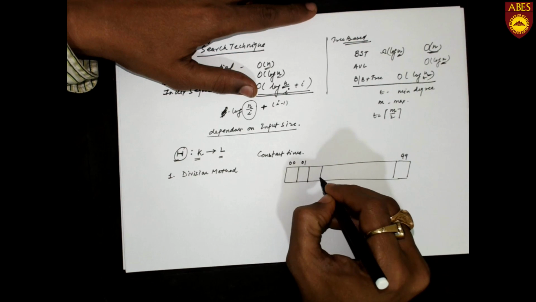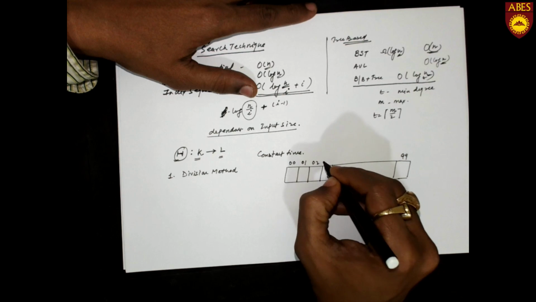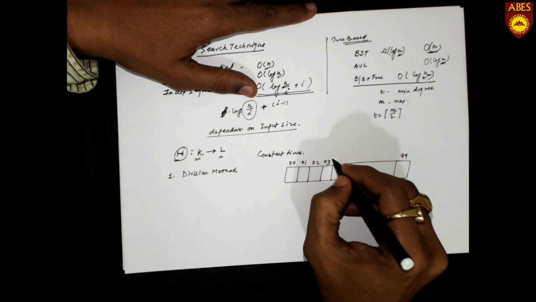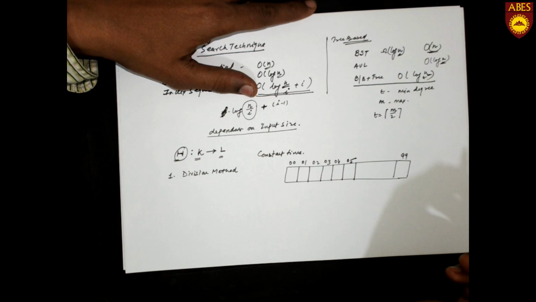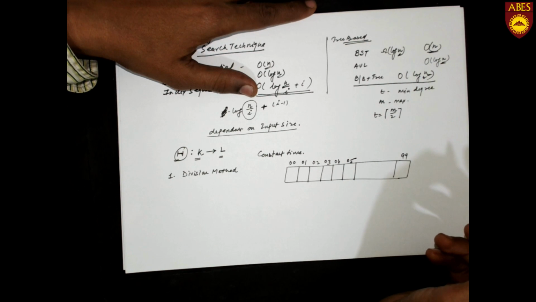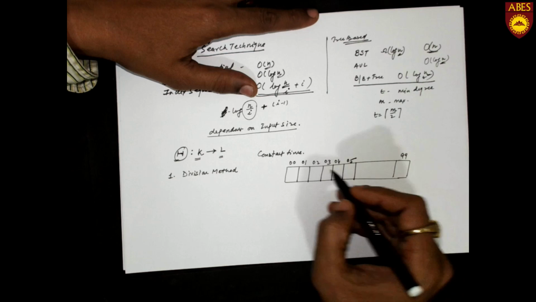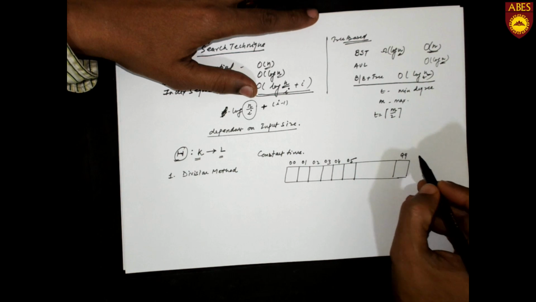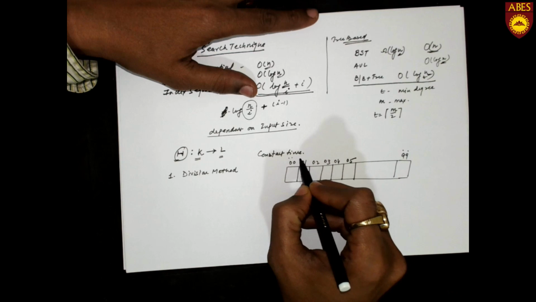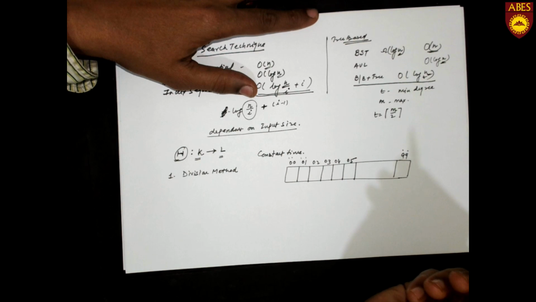It means the indexes of different locations in this hash table may be 00, 01, 02, 03, 04, and so on up to 99. That means our hash location is of 2 digits.